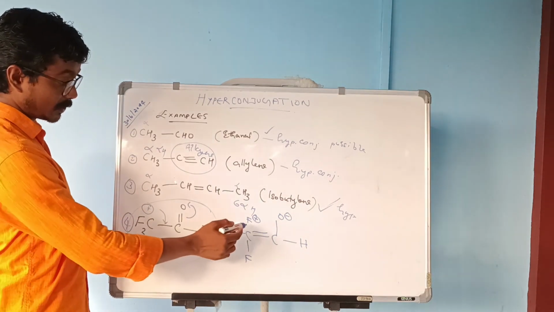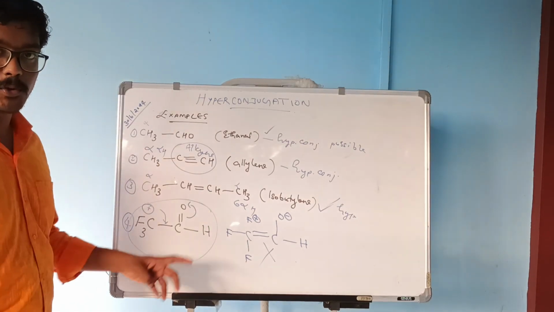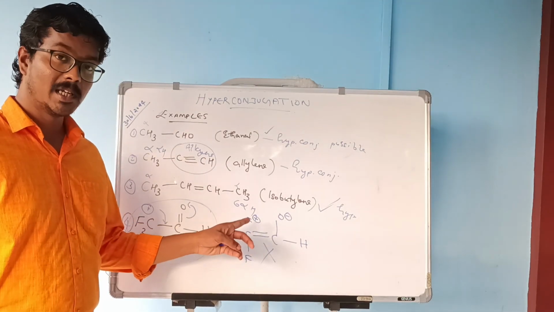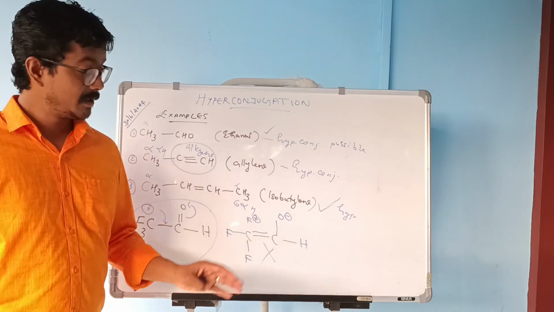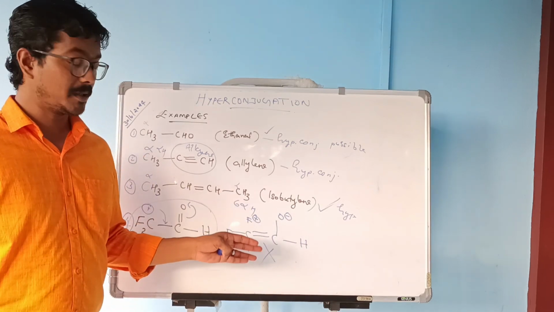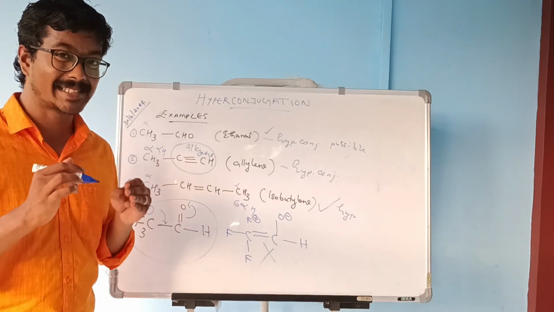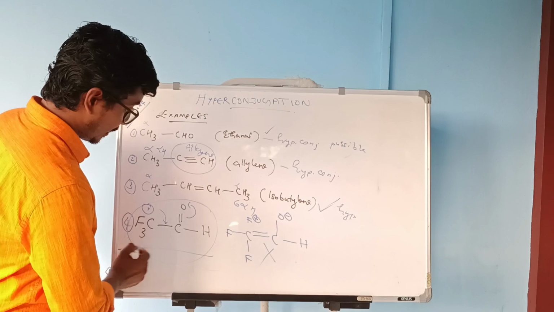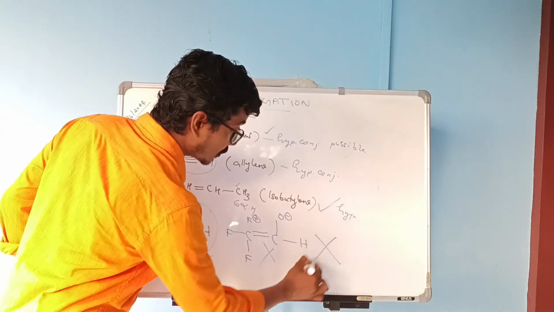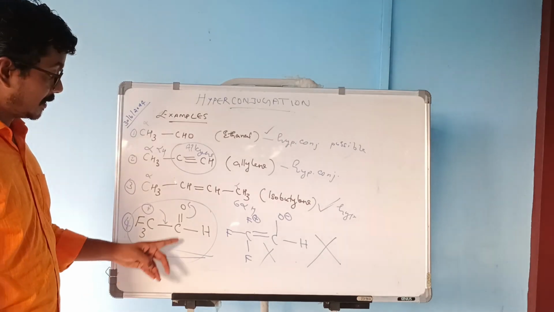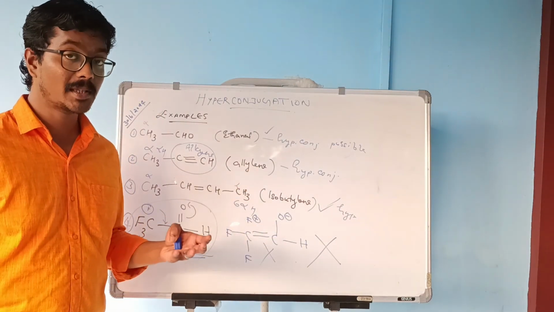But this will not happen. Do you know why? Because fluorine is very high in electronegativity. A very highly electronegative atom carrying a positive charge is not stable and does not exist. Hence, trifluoroacetaldehyde does not show hyperconjugation because fluorine does not carry a positive charge.